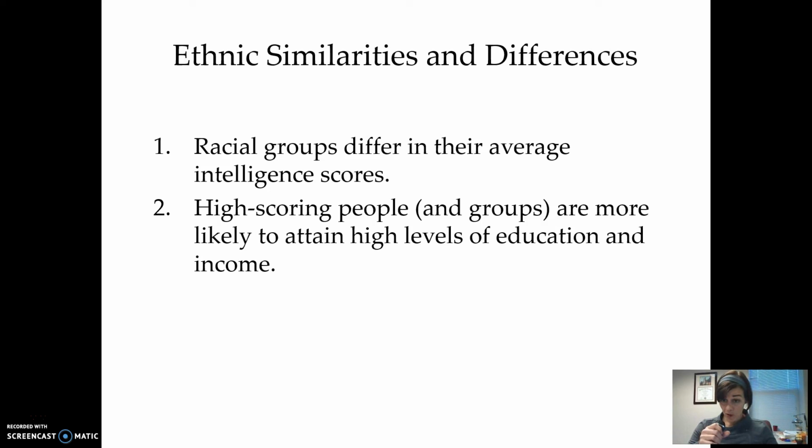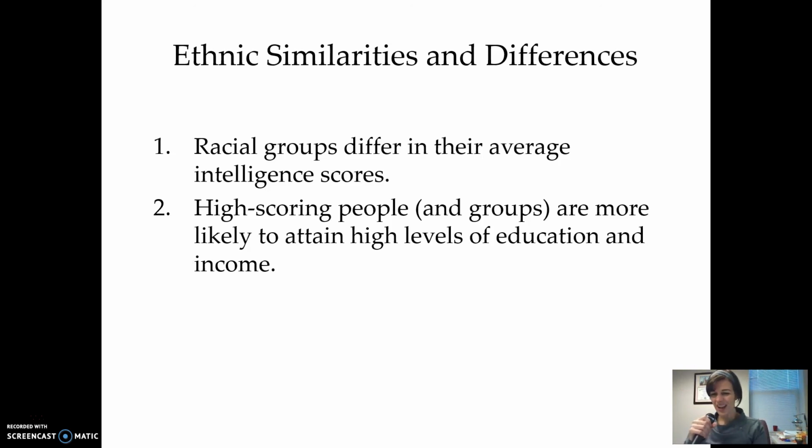Japanese people tend to score higher than Burakumin, which is a stigmatized minority in Japan. Here in the United States, we know that white and Asian Americans do tend to score higher on IQ tests than people who are Latinx or people who are Black. And that gap is closing, but there's still a gap there.